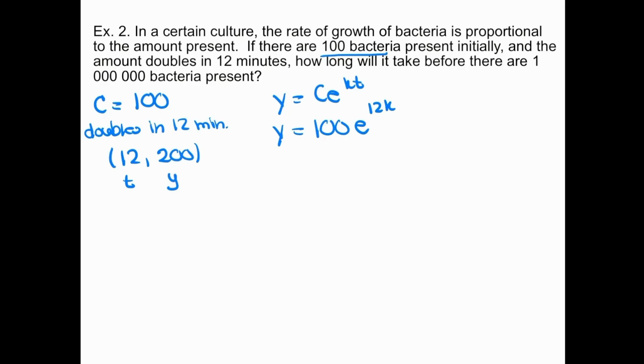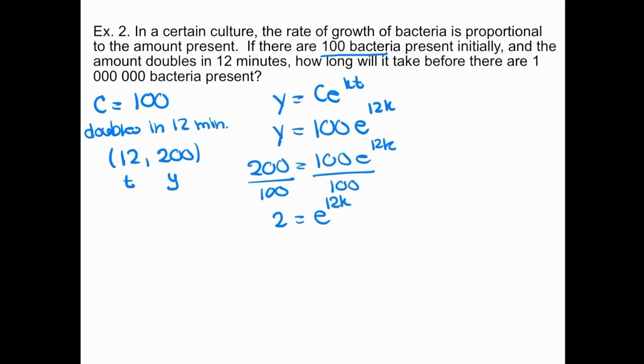So now we're going to use our 200. 200 is equal to 100 E to the 12K. Now I'm going to divide both sides by 100, and that leaves me with 2 is equal to E raised to 12 times K.